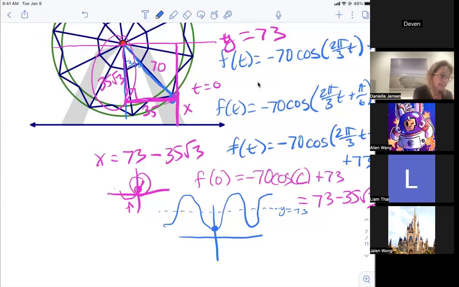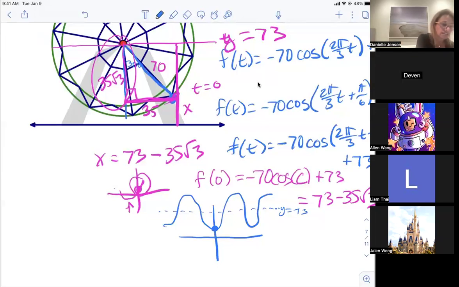Okay, so now instead of starting at the lowest point, where I started at point A, I'm starting a little bit higher. So again, let me grab my midline.